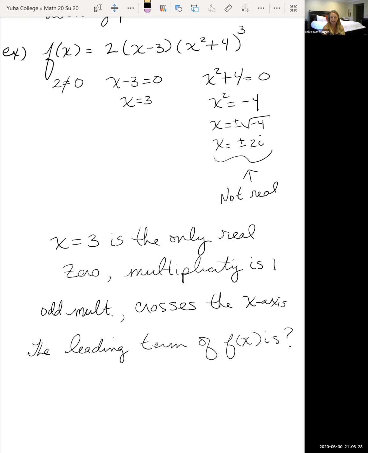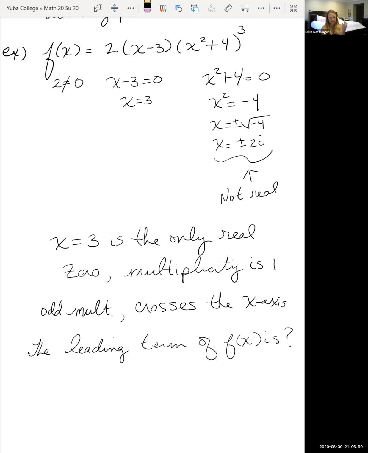x squared times x squared is x to the 4th. x to the 4th times x squared is x to the 6th.